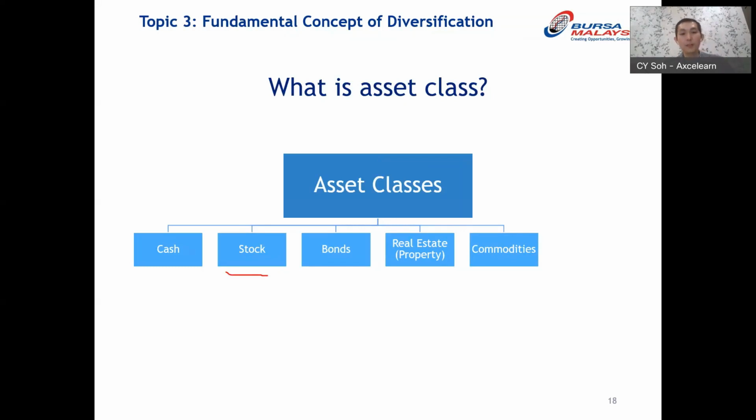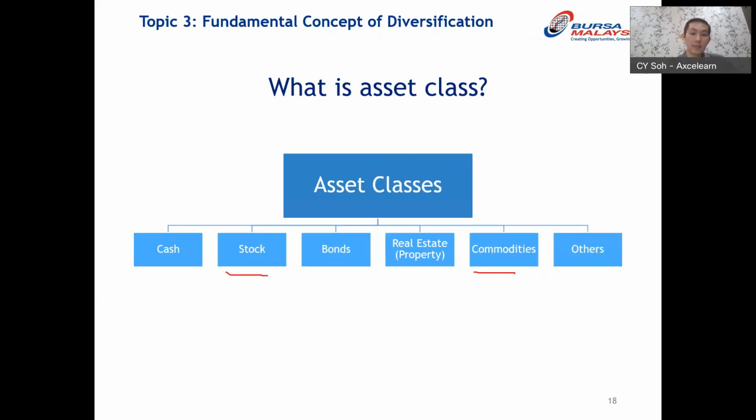But if you invest directly in commodities, let's say FCPO, you are considered to be in the commodity category already. This is a separate asset class, so you are able to get better diversification benefits.